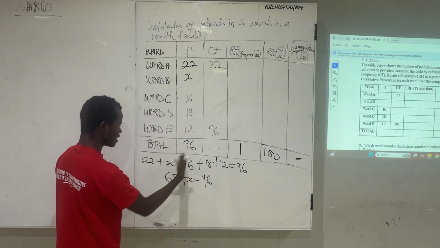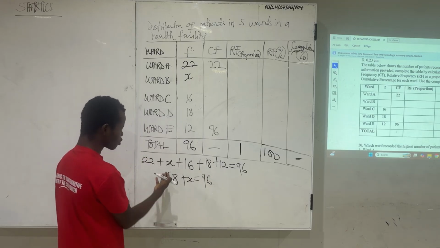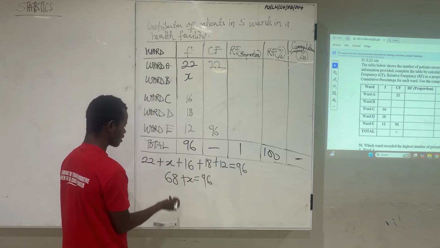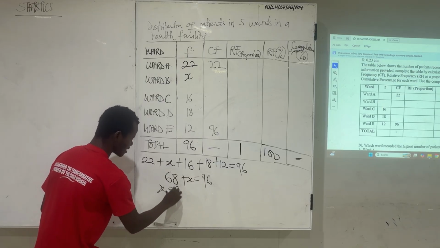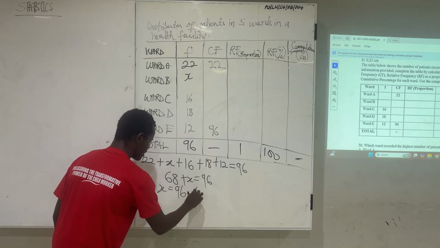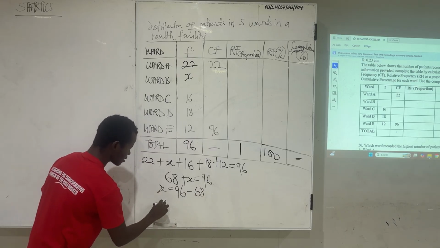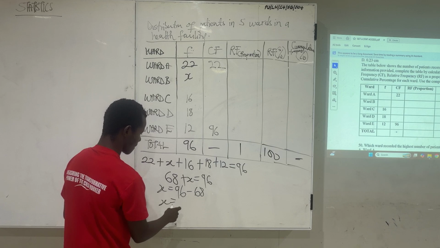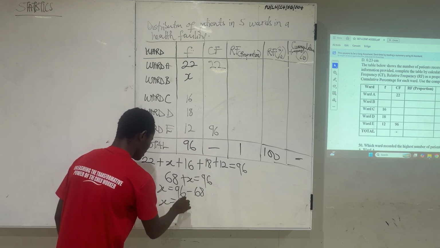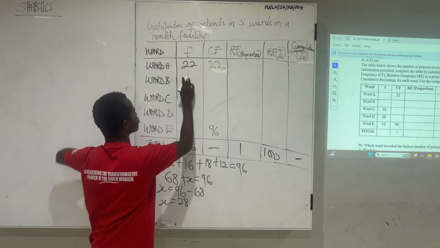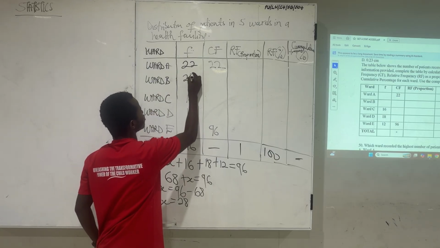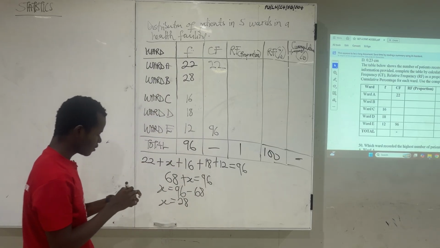Now we can send the 68 across, or you can subtract 68 from each side. So it will be x equal to 96 minus 68. x will be equal to 28. Hence, our x here is 28. So you bring 28 here.